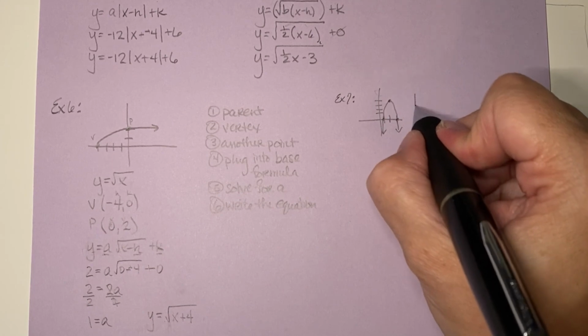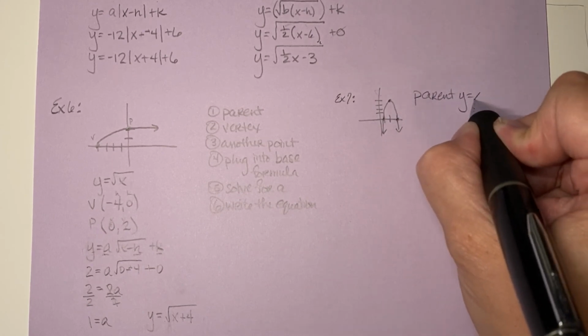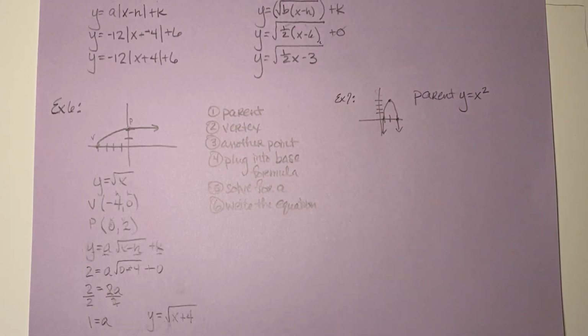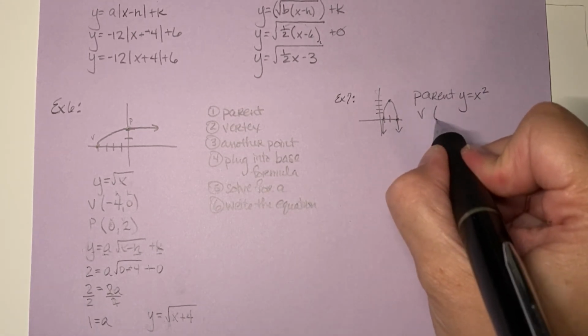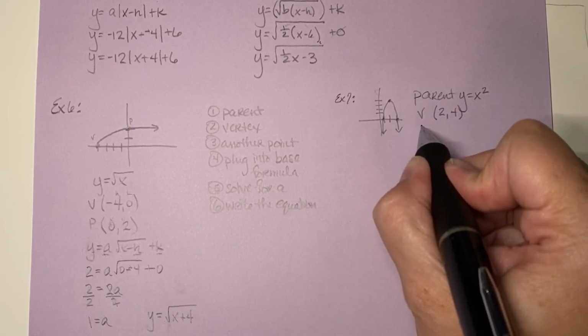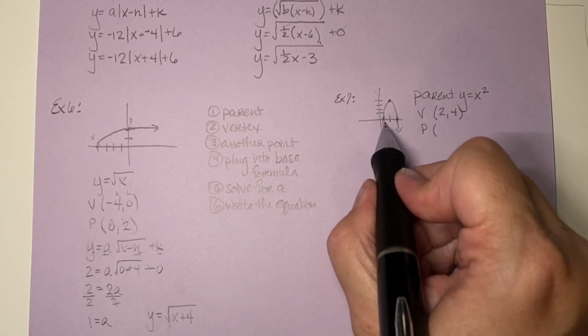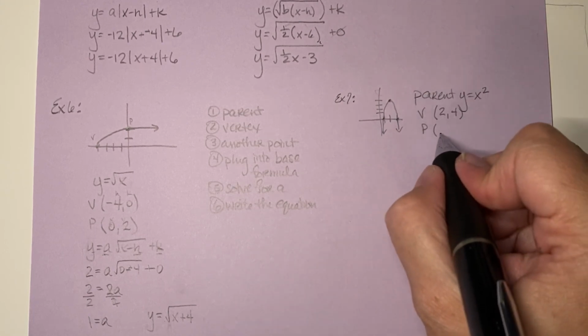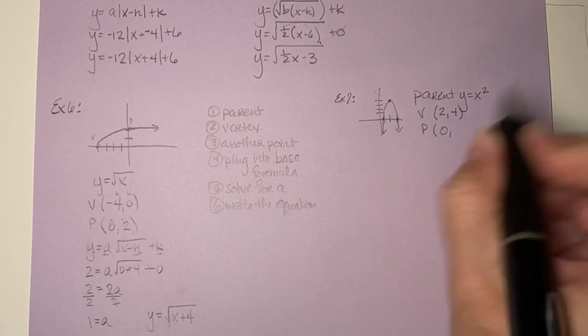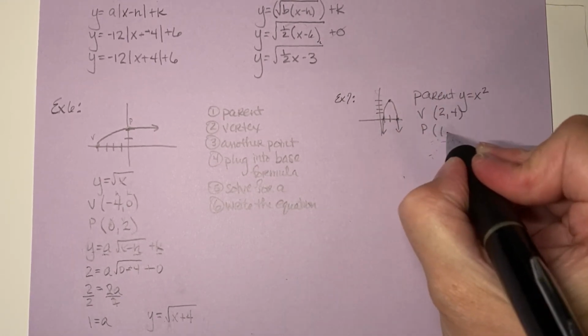So our parent graph is y equals x squared. The vertex is (2, 4). And for our other point P, I know we have 2, but I always defer to the one that has the smaller numbers, which is (1, 0).